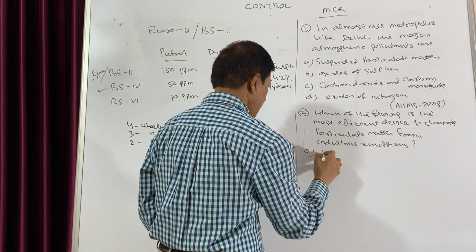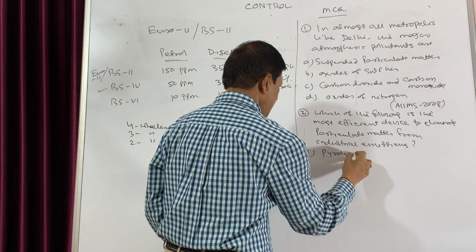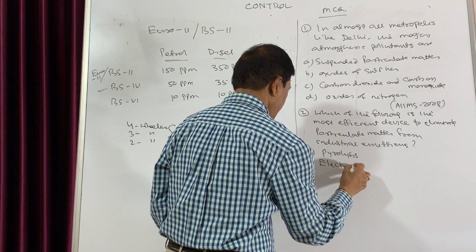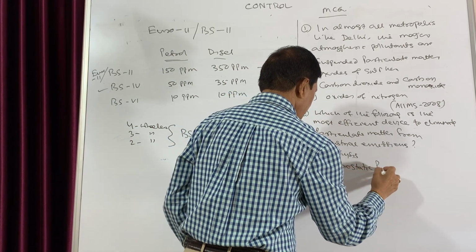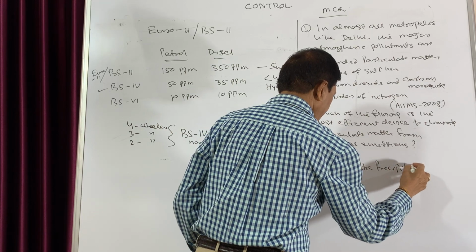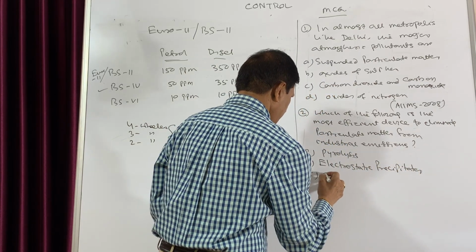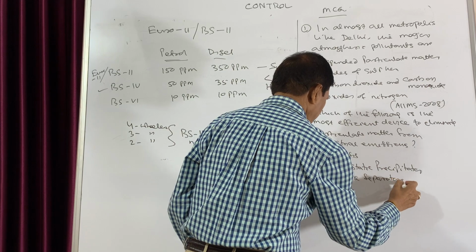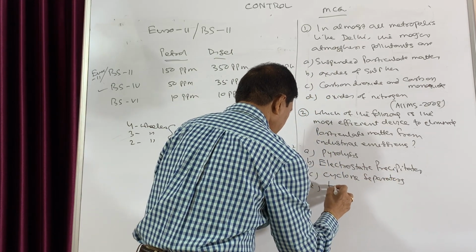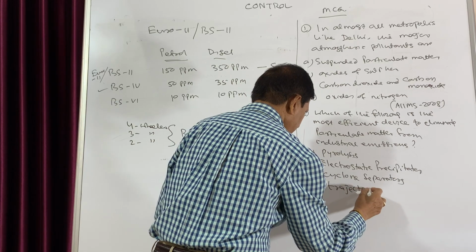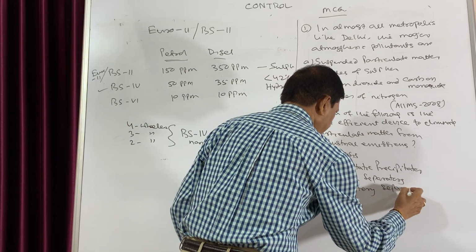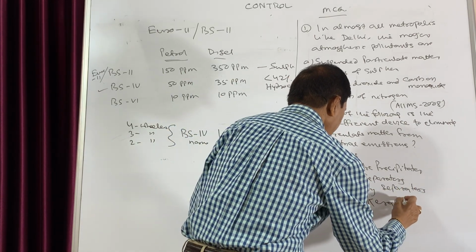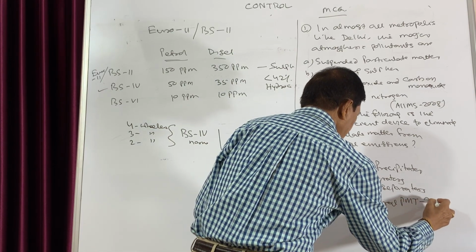So one choice is pyrolysis, second choice is electrostatic precipitator, the third choice is cyclone separators, and the fourth one is trajectory separators. And this question was asked in Kerala PMT 2009.